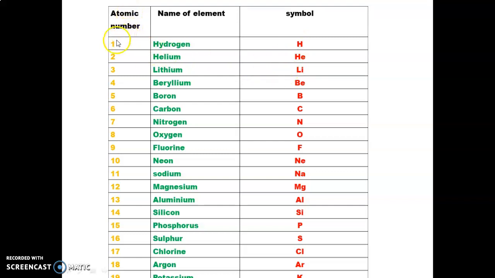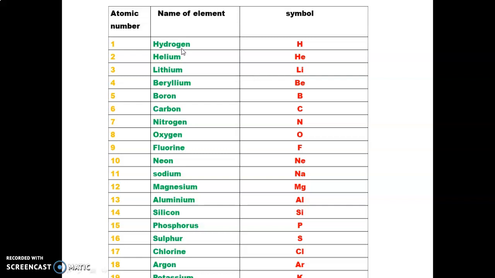Atomic number 1, hydrogen, symbol capital H. You have to learn by heart the atomic numbers in order, that is all elements in the periodic table.